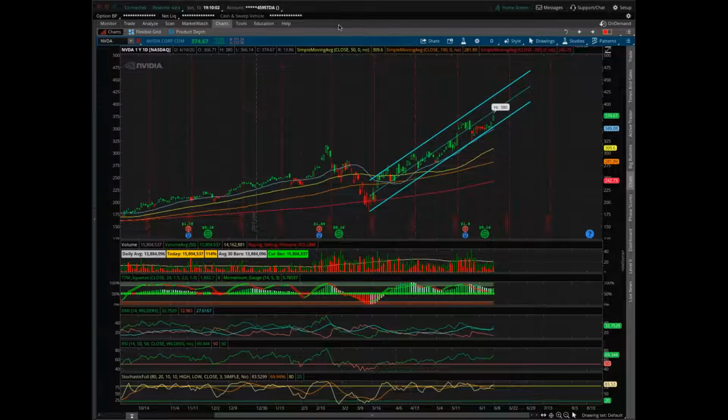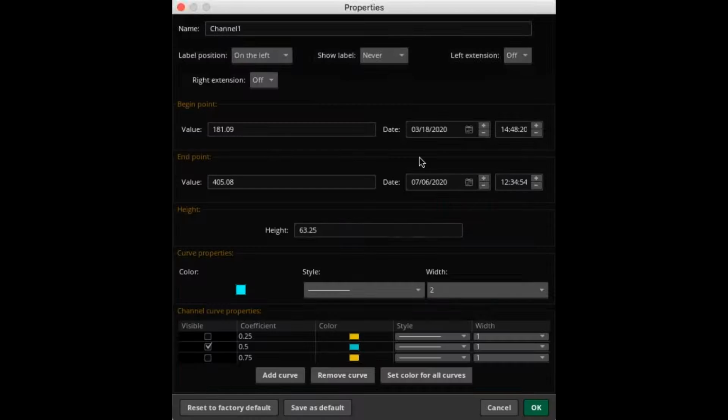That brings up a toolbox that looks like this. Go to visible and click the 0.5 and make sure that it's checked. Change the color if you want. Then put save as default, and push OK.